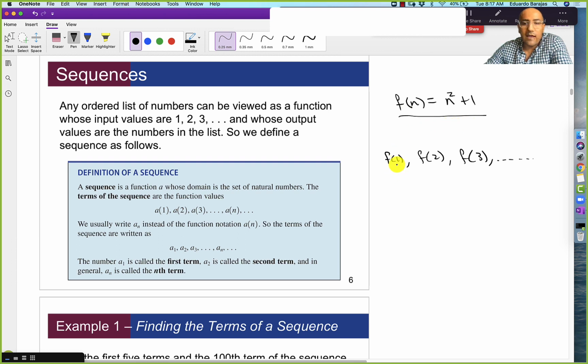So now I can plug in n equals 1, and I would end up with 1 squared plus 1 for the first one on my list, which is going to be equal to 2. And then 2 squared plus 1, which is going to be equal to 5.